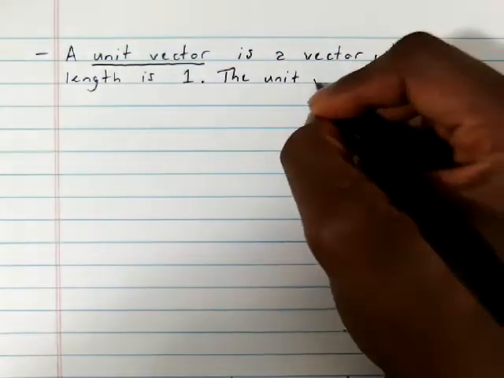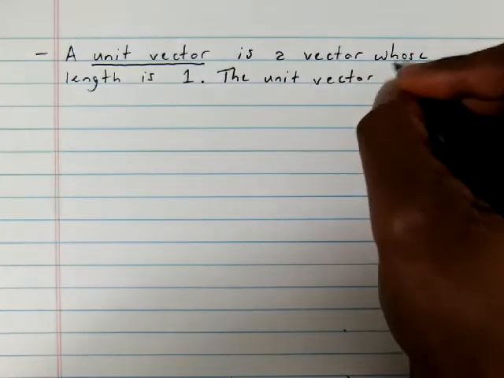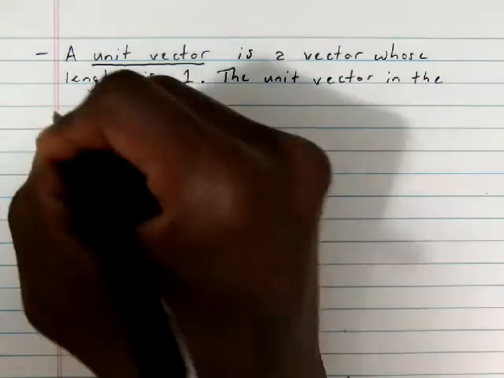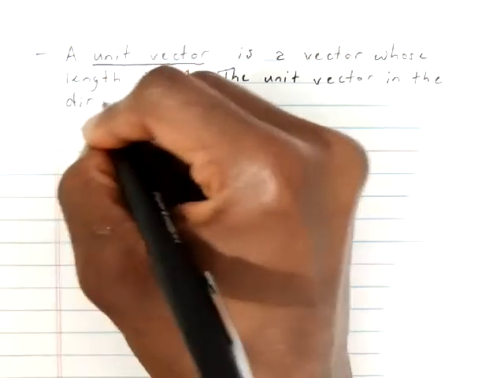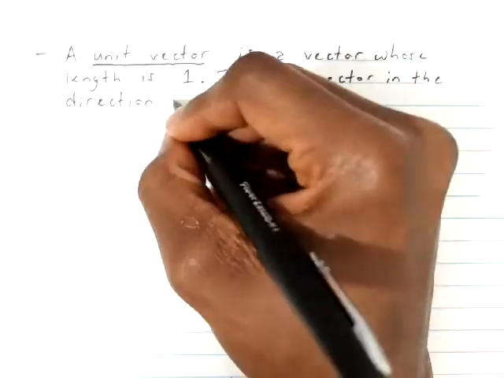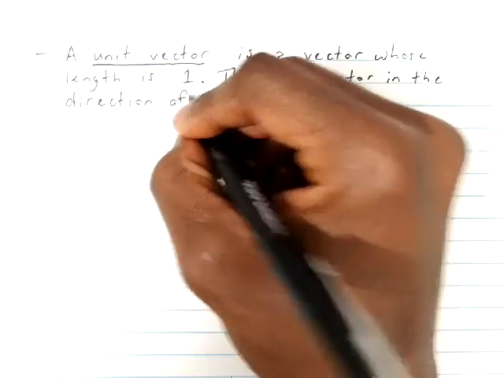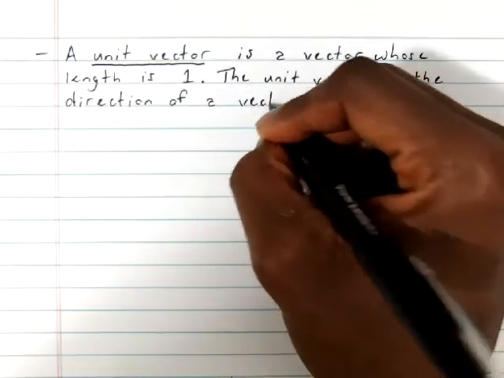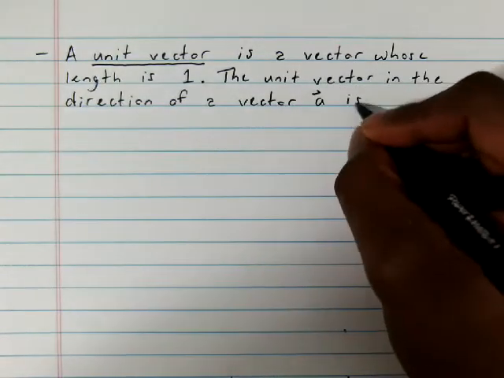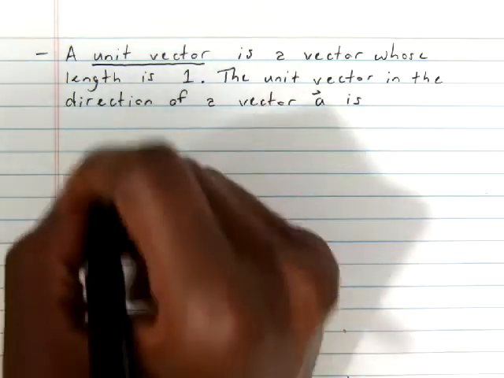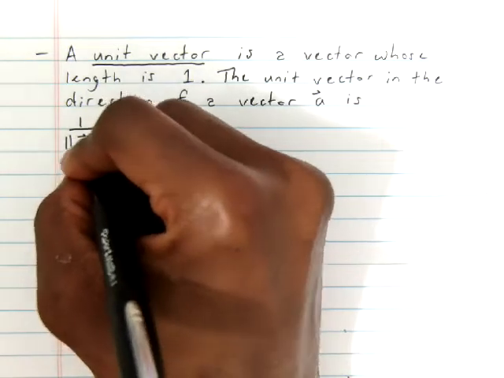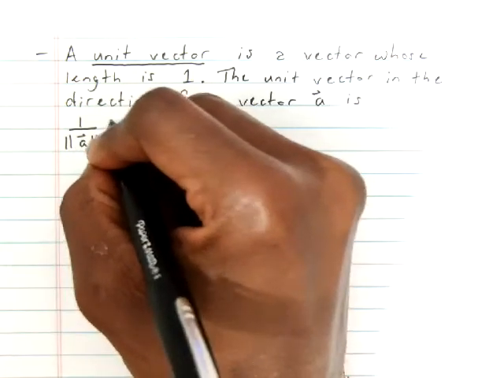The unit vector in the direction of a vector A is 1 over the length of A, and then times the vector A.